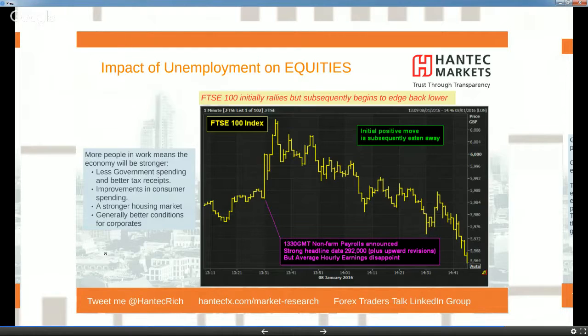A strengthening economy is obviously good for the corporate environment and good for consumers, so it tends to be beneficial for equities in that regard. But if it leads to rapidly increasing interest rates, then it's not necessarily as positive for equities in the long run. But certainly the initial reaction on these data points will tend to be positive for equities.